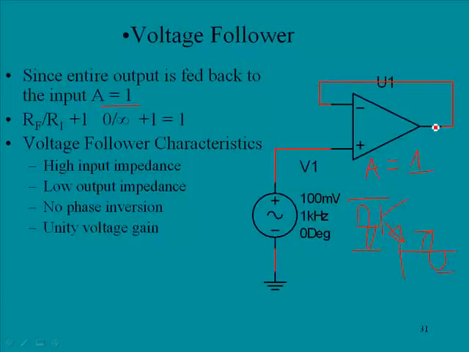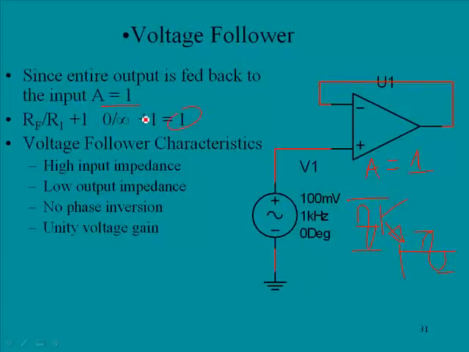They're very, very small. If you use the formula, this is the formula for gain for a non-inverting amp. It would be RF over R1 plus 1, and there's no RF component, so it would be 0, and the R1 component would be the input impedance of the op-amp, which is infinity, so 0 over infinity is 0 plus 1.